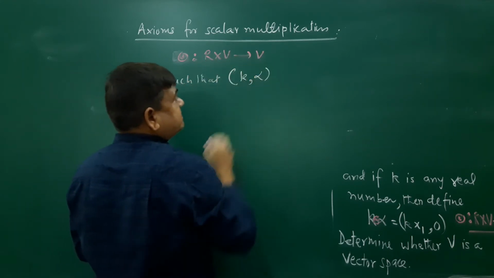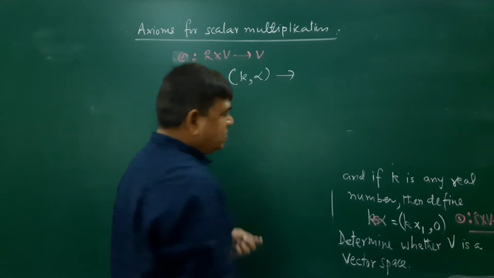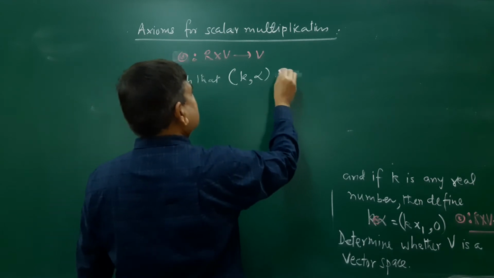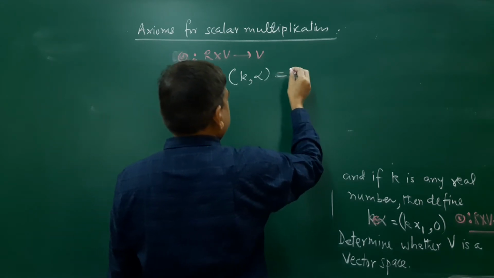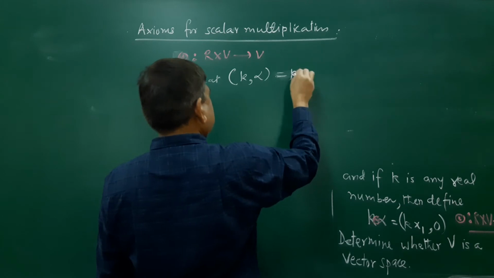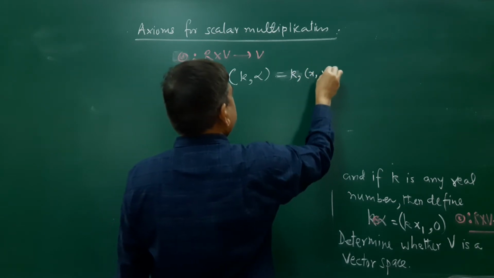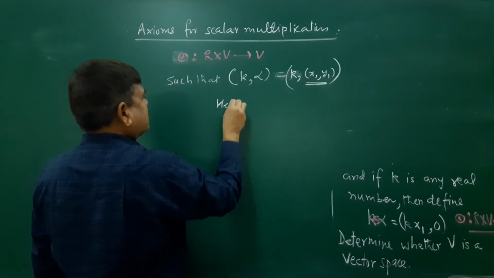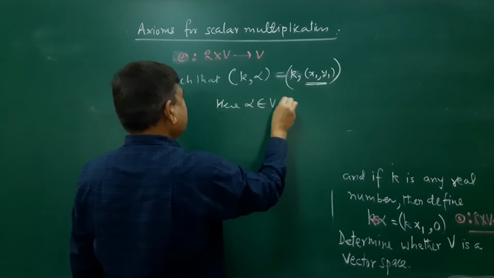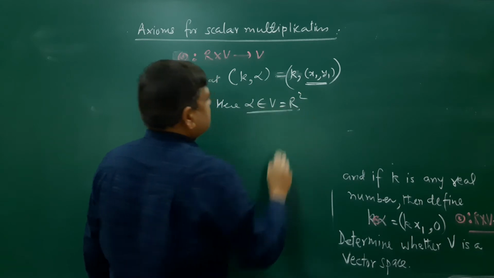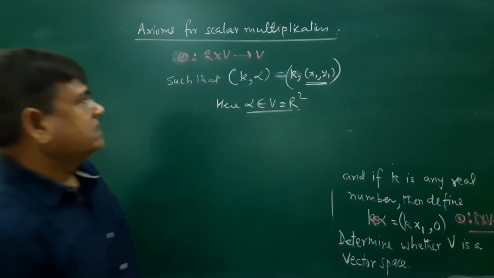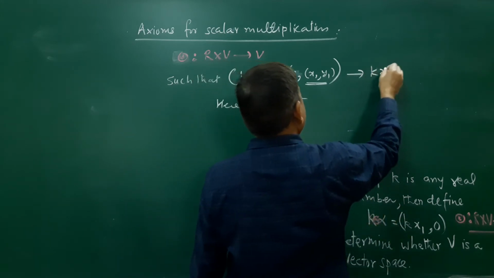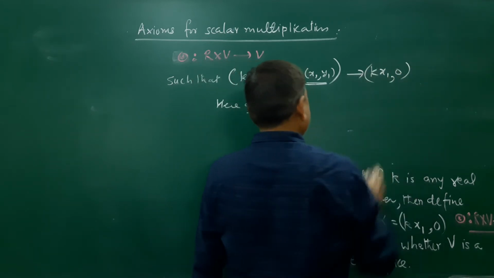Here I write alpha. According to what is given to us, this is k times x1 comma y1, because alpha belongs to V and this is R square, an ordered pair. So the image of this one is, according to the given rule, k times x1 comma 0.